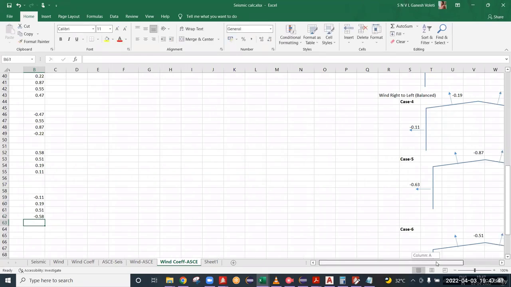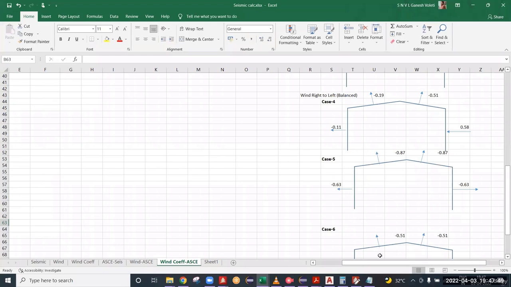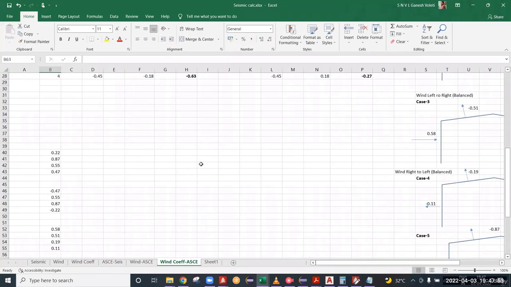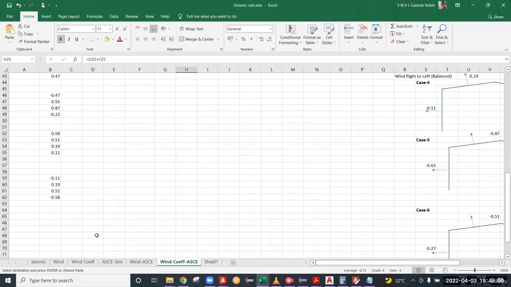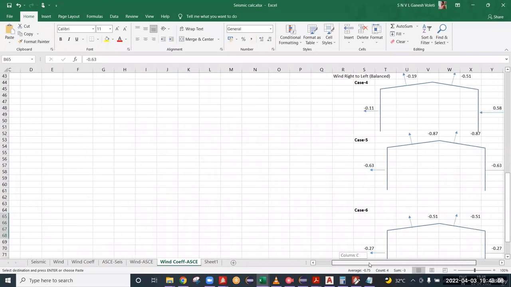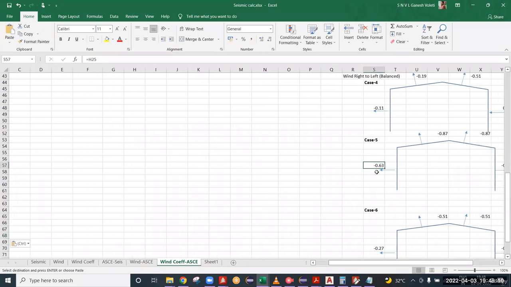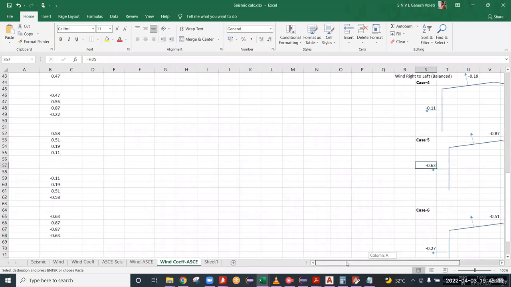Right. Clear. So if you take case number 5, this is case number 5, right? If you observe case number 5, the first value is acting left, so it will be negative only. So it is correct.